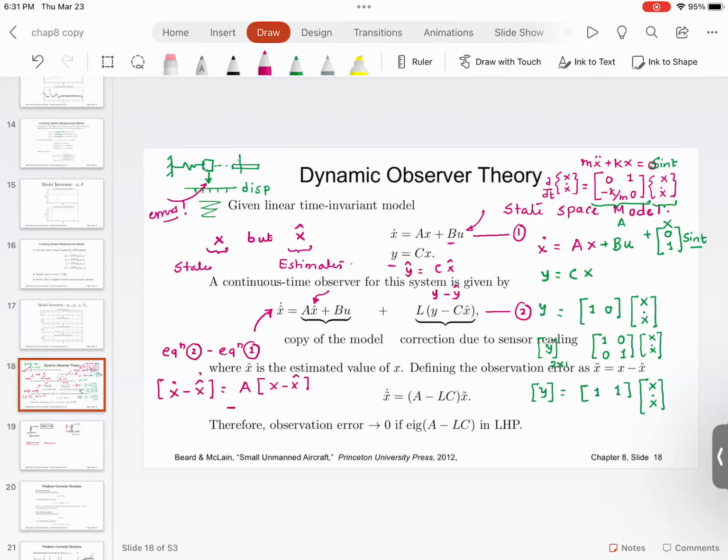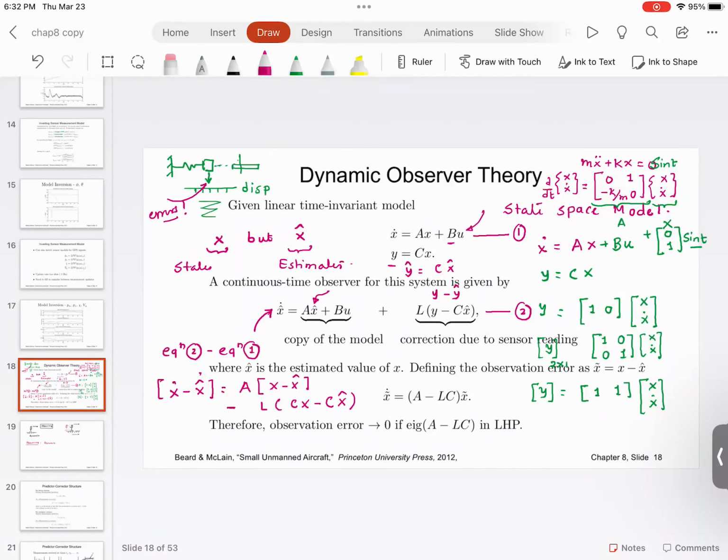Minus, I'm going to have this equation, where L times y is nothing but, please note, Cx minus Cx hat. Are you with me so far?